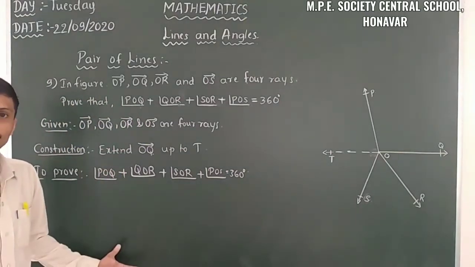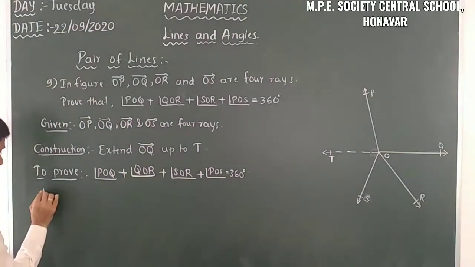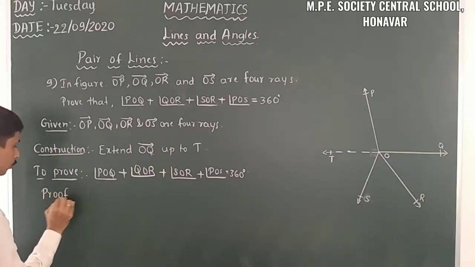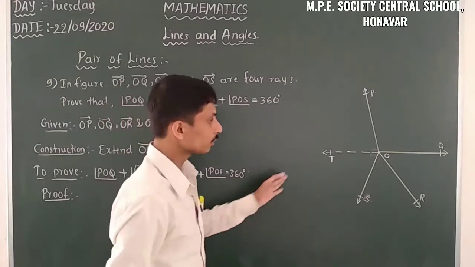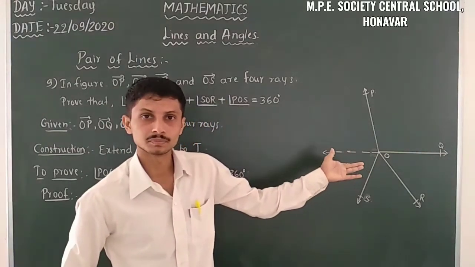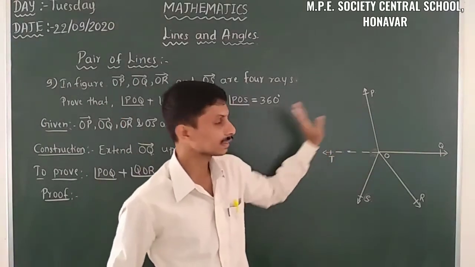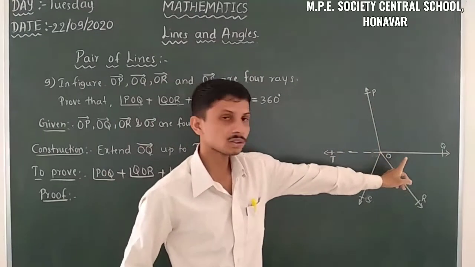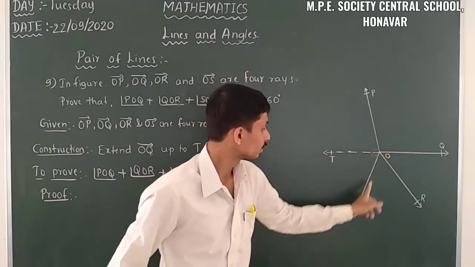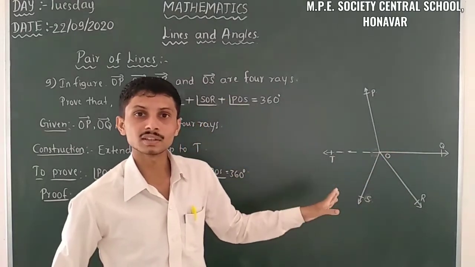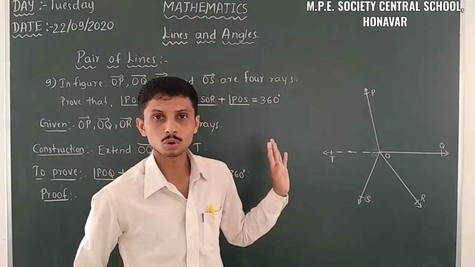So let us take the proof. How can we prove it here? Just observe. Here we have to use the axioms. Here ray OP stands on the line QOT, and ray OR stands on line QOT, and ray OS also stands on line QOT.